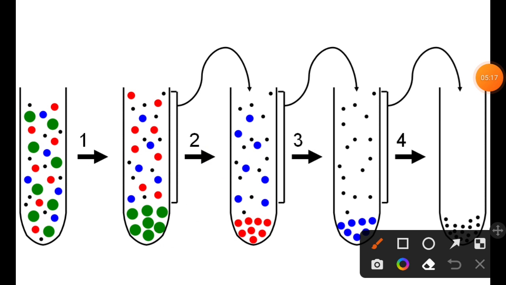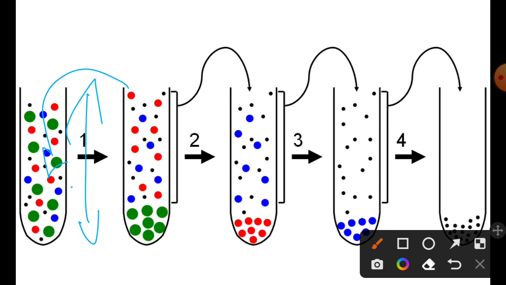The sample to be separated will be mixed with the solvent uniformly, a uniform mixture, as you can see here. The idea is that in differential centrifugation we are using the difference in sedimentation rate for the separation, which in turn ensures separation on the basis of size and density.